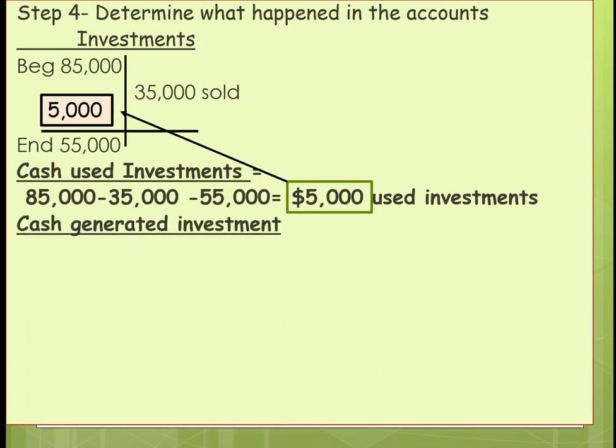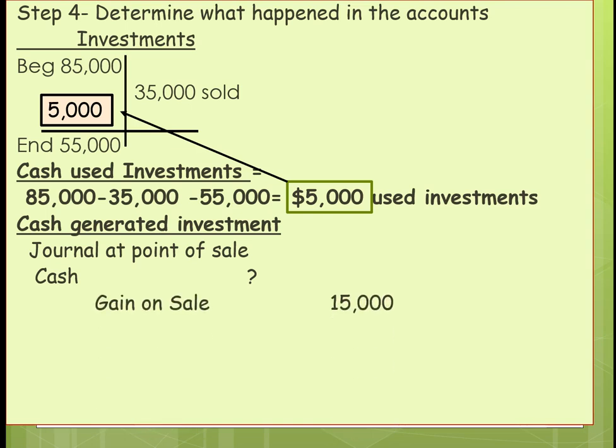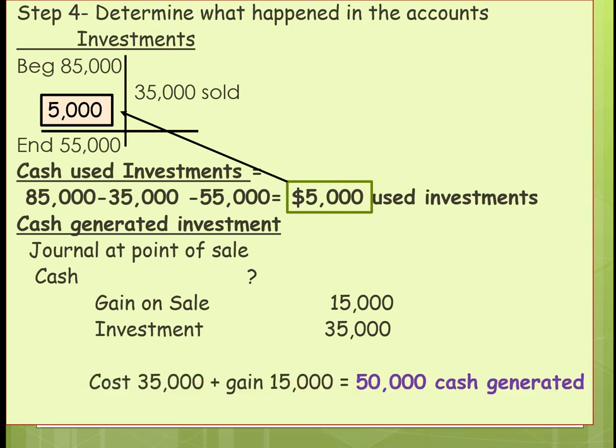Now, cash generated from investments. We have to recreate our journal entry. We don't know what the cash is, but we know that we had a gain of $15,000, and we know the investment was taken out at $35,000, so the cash generated from the investment has to be $50,000. You add them together and you get $50,000.